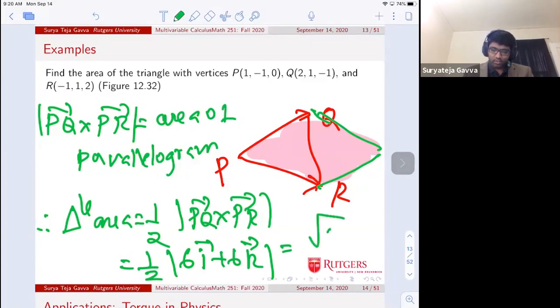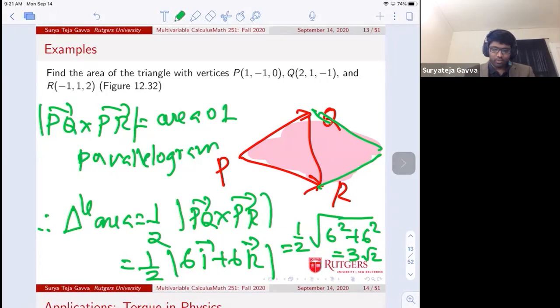So it is the square root of 6 squared plus 6 squared, and there's a half outside. So this is square root 72 over 2, or you can simplify it. This turns out to be 3 square root 2. Okay, is that clear? As I said, the cross product will give you the area of the parallelogram. If you want to just find the area of the triangle, you should take half of it.